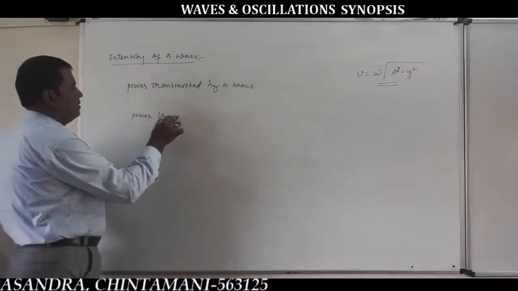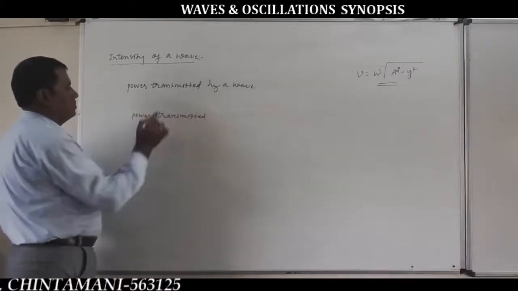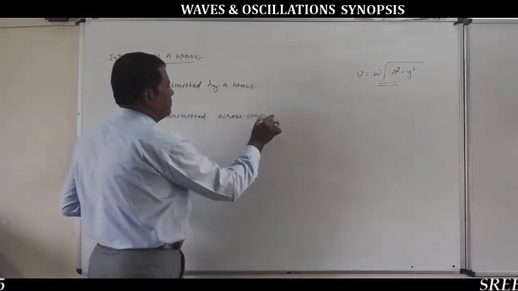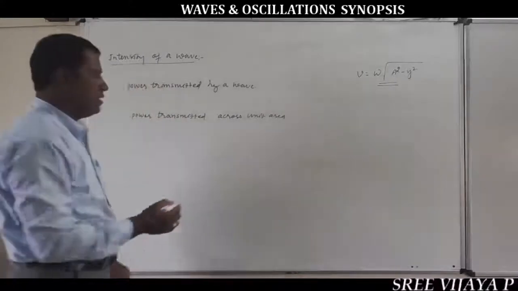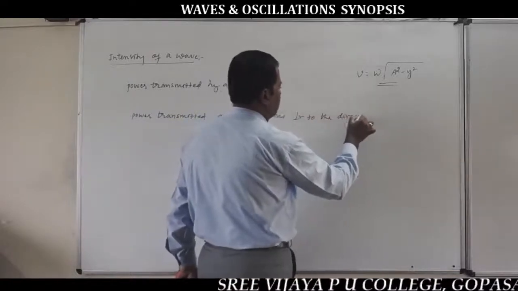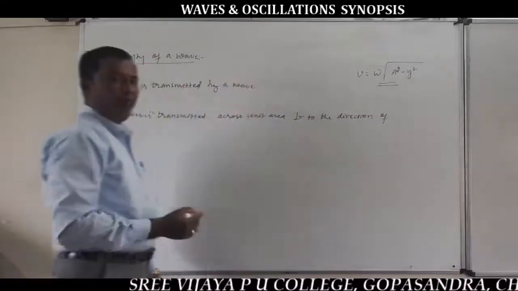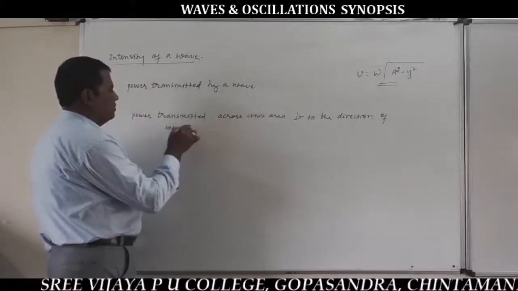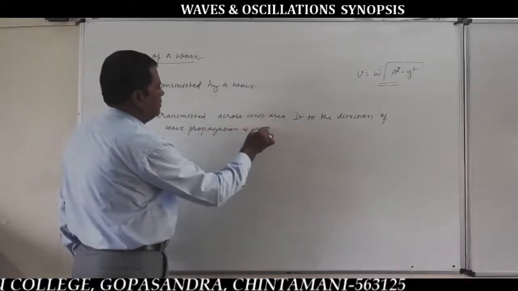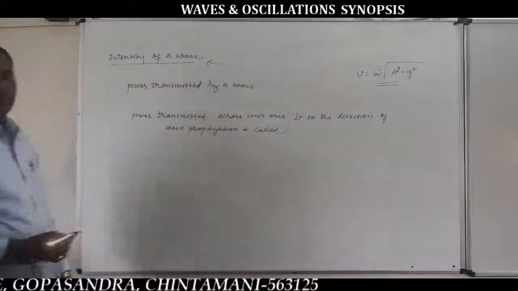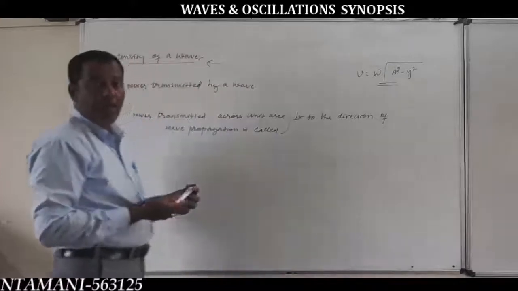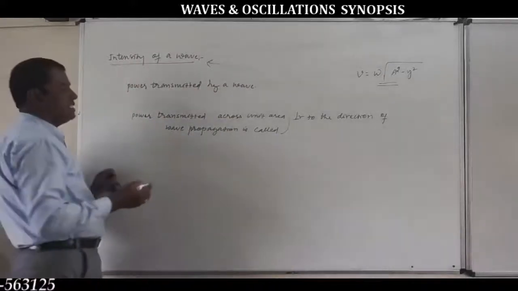Power transmitted across unit area perpendicular to the direction of wave propagation is called intensity of a wave.